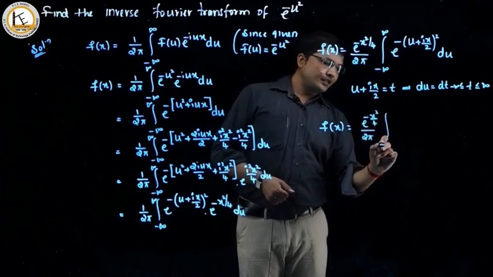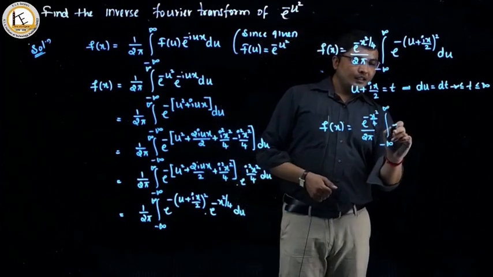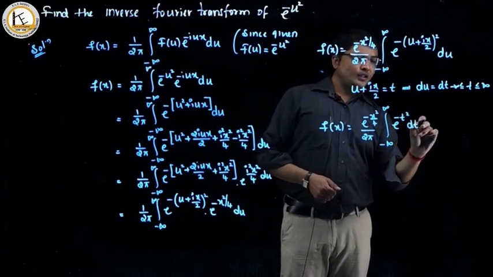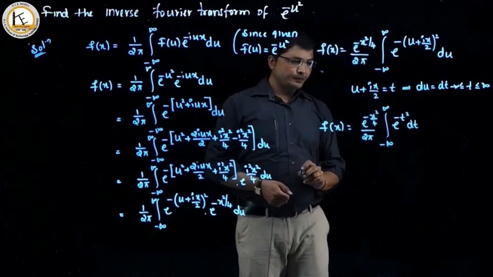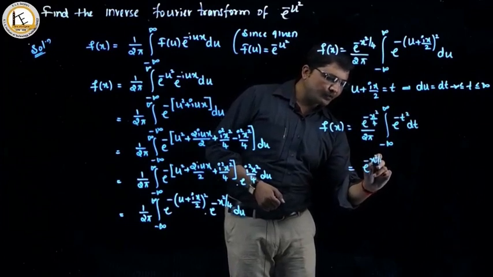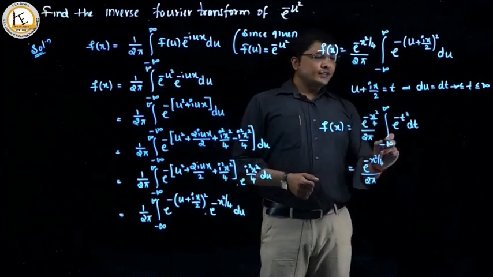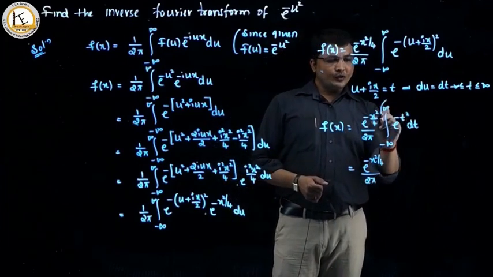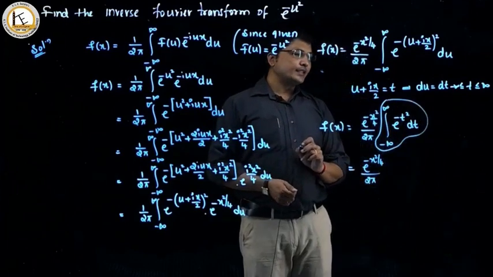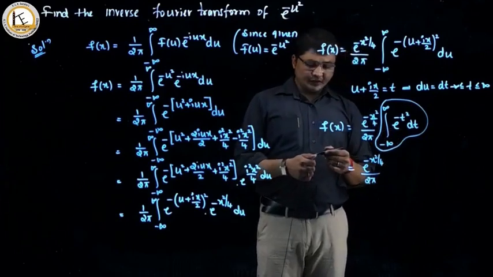So we have du is equal to dt and the limits will remain same, that is minus infinity to plus infinity only. Therefore the function f of x becomes e raised to minus x square by 4 divided by 2 pi, limits of integration between minus infinity to plus infinity, e raised to minus t square with respect to t remains.